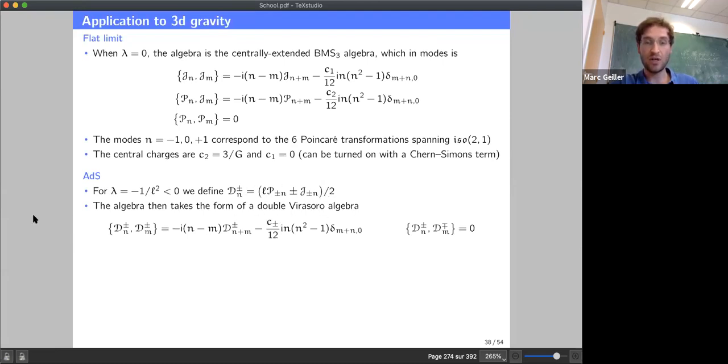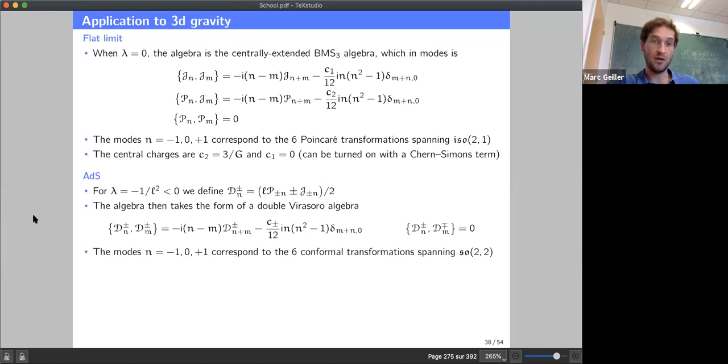So this was the original result of Brown and Henneaux, which was in fact the starting point, the seminal work behind holography and AdS3/CFT2. And again, we mentioned that this is an infinite dimensional extension of SO(2,2), which is the isometry algebra of AdS space.